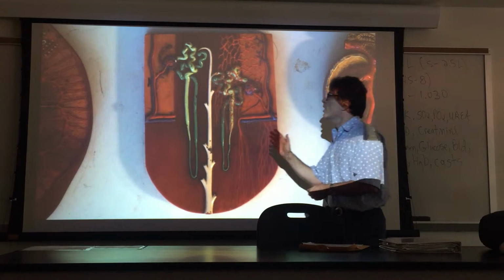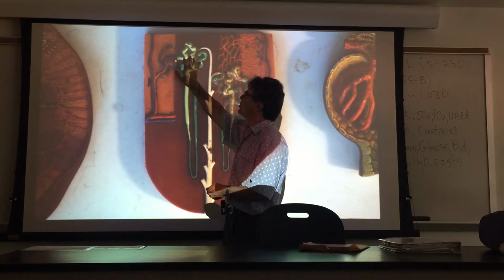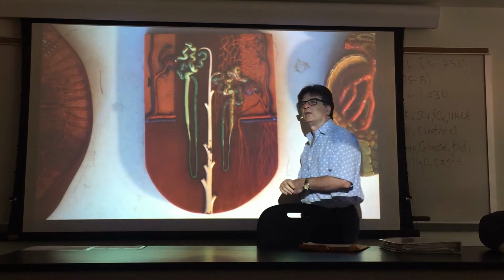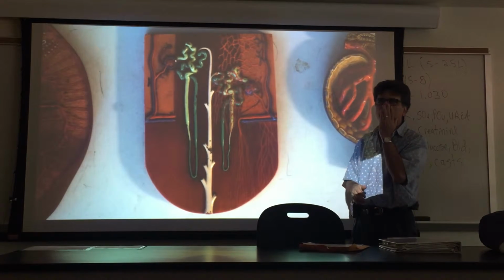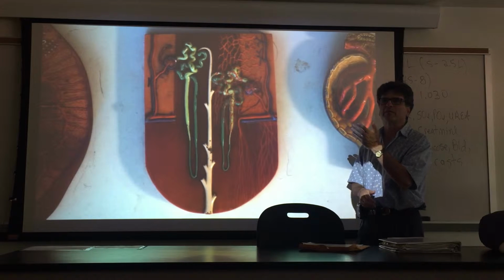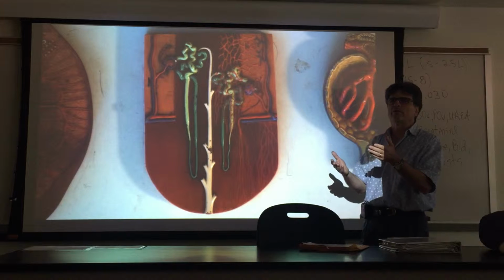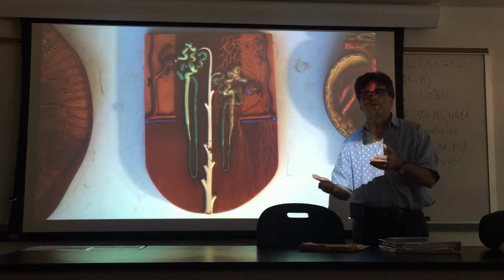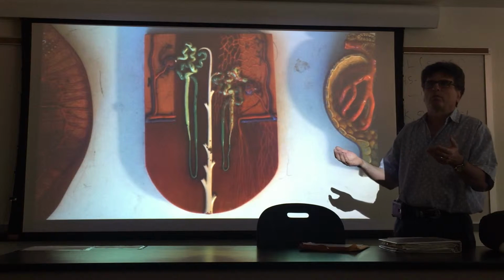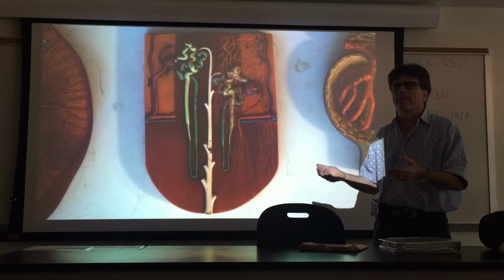The function of reabsorption occurs within this renal tubules, and it will reabsorb about 99% of the filtrate. We can't lose 125 mLs per minute, or within the course of a day, we wouldn't have anything left.